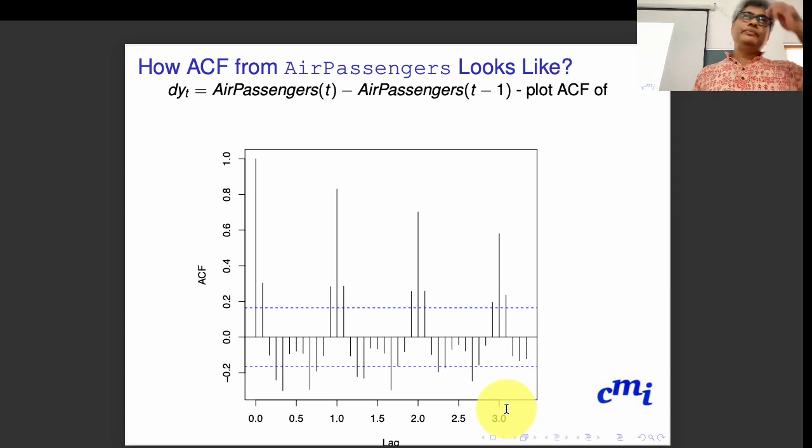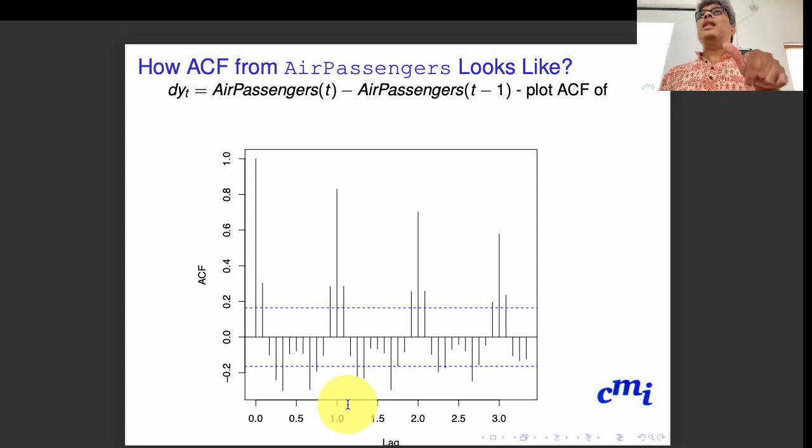But because the data was stored as a time series object, every 12 observations was considered as 1 lag, since it is annual data. If you want exact lag 1, 2, 3, 4 like that, you have to multiply the lag values by 12, then you will get the exact lags.